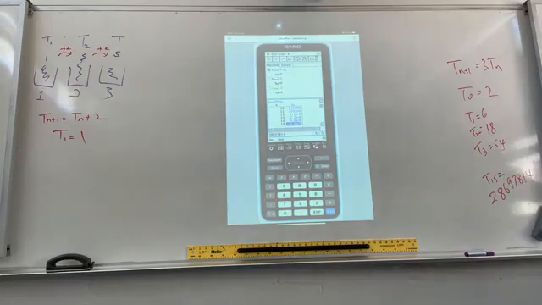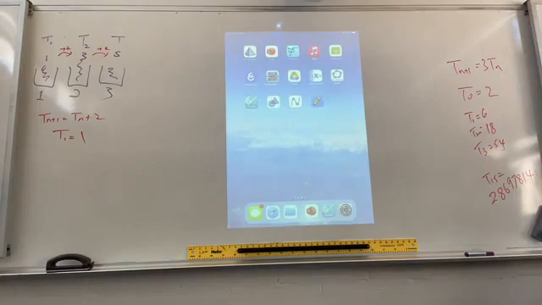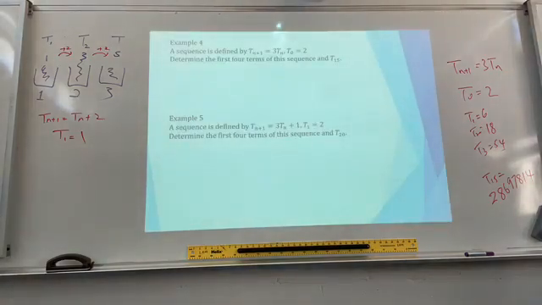Do you get the same thing as me? Yeah? Good. So, T1 equals 6, T2 equals 18, T3 equals 54, and T15 is 286978114. All right, I would like you to try example 5.